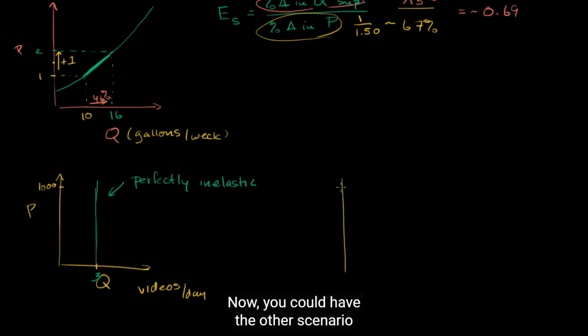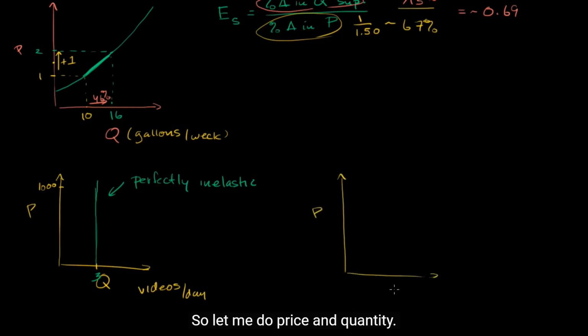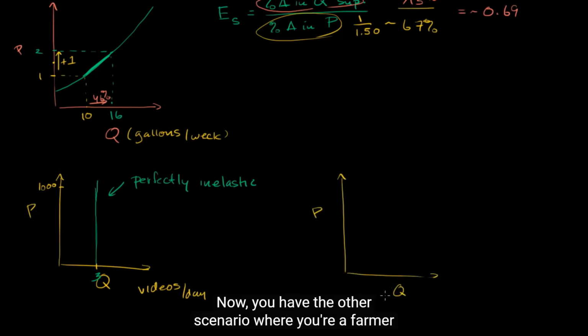Now, you could have the other scenario where you are a farmer. So let me do price and quantity. You're a farmer, and you can do either crop A or crop B. Maybe it's corn and wheat, and you can easily swap between the two. Let's assume for simplicity it costs you exactly the same to produce one or the other.